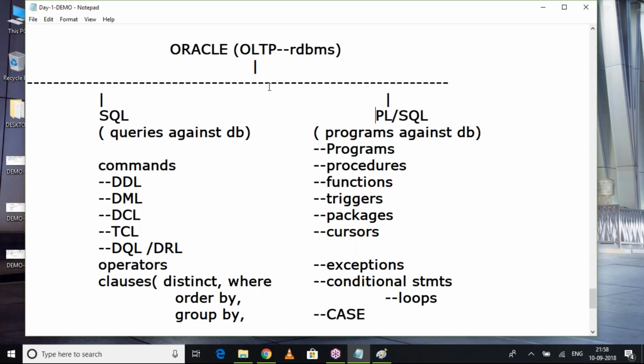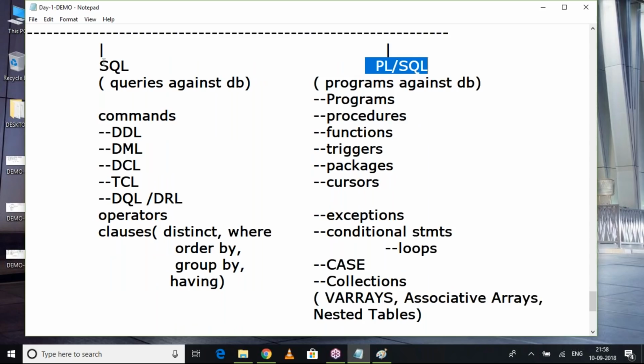Let me finalize. In our training, you are learning SQL and PLSQL. What is SQL? Structured Query Language. You can write queries, you can write statements. Each statement will do one work, but I want to do 10 or 20 works one by one.